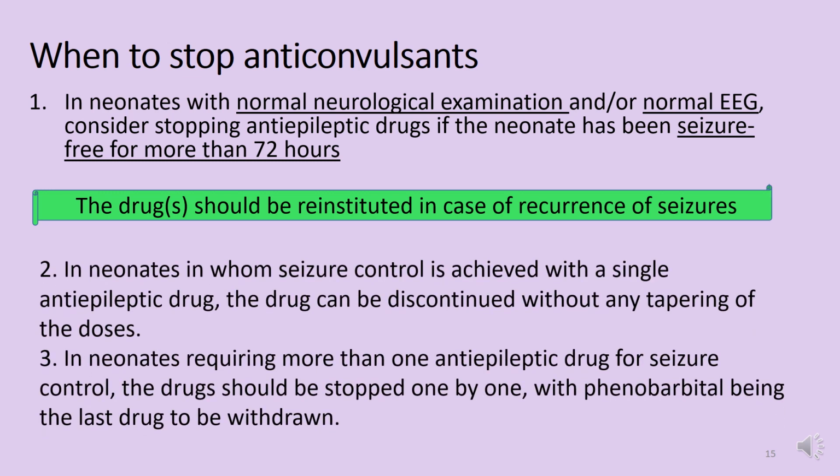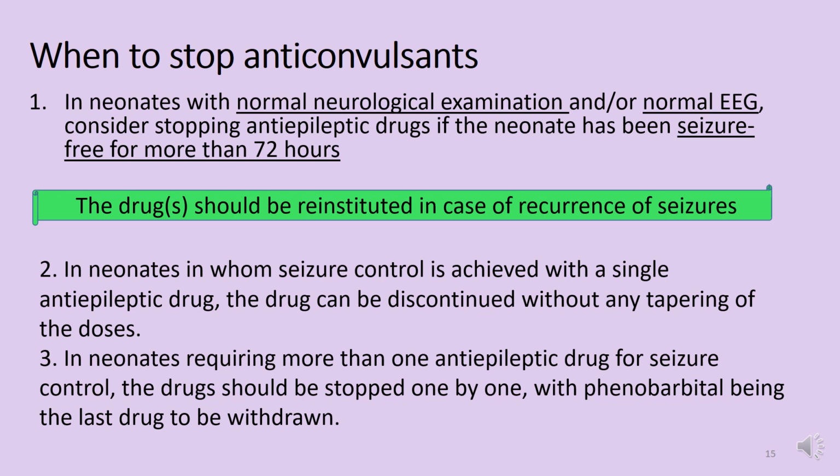Number 2, in neonates who have seizure control with only one anticonvulsant, then the stoppage of the medication can just be abrupt. You don't have to taper off medication when you've only used phenobarbital alone or a single drug for seizure control. However, in neonates in whom you have used more than one anticonvulsant, there could be 2, there could be 3, in those kinds of neonates, you must taper off the anticonvulsants one by one.